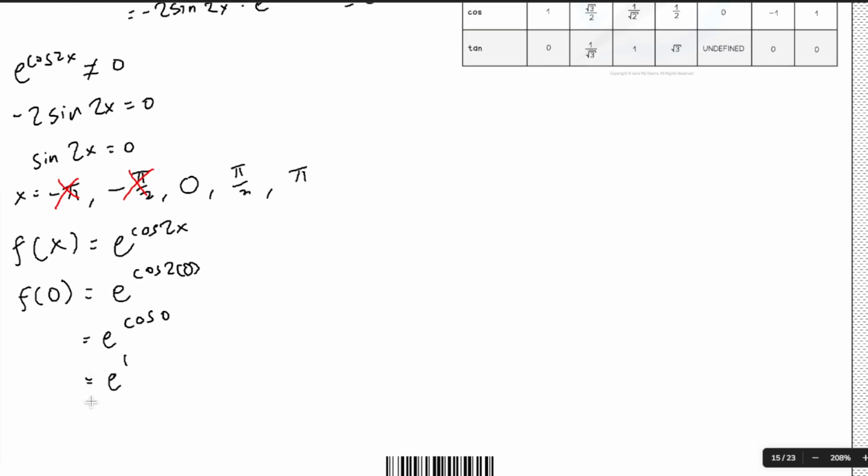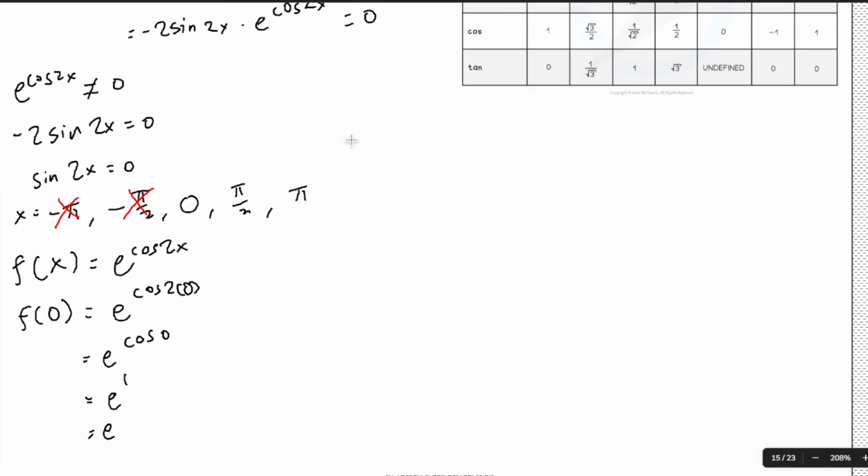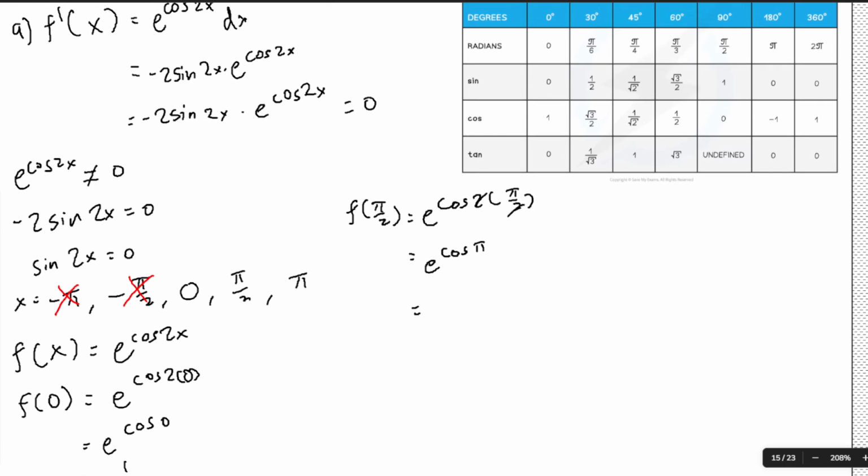E power 1, also known as e. Then our f of pi over 2 would be e power cos 2 pi over 2, in which our 2's would cancel out, and we'd be left with cos pi. And cos pi is minus 1. Yeah, right here.